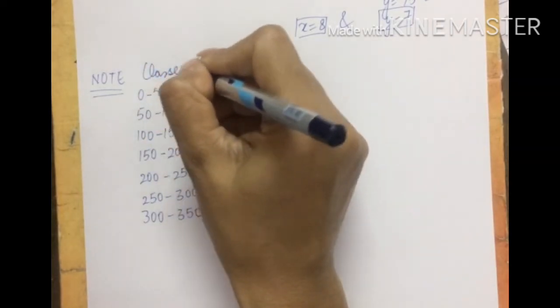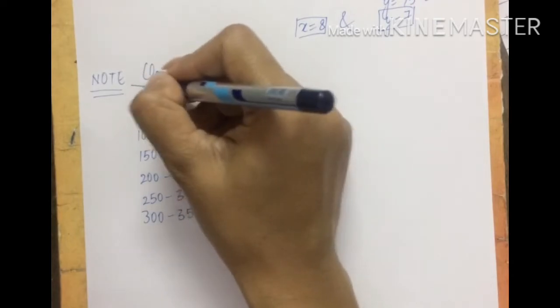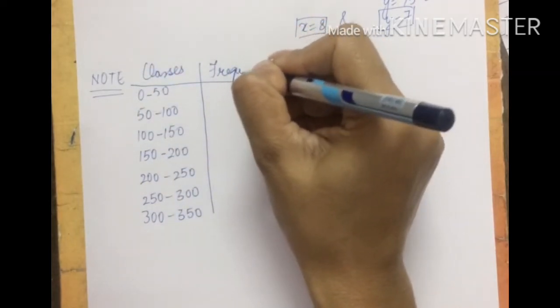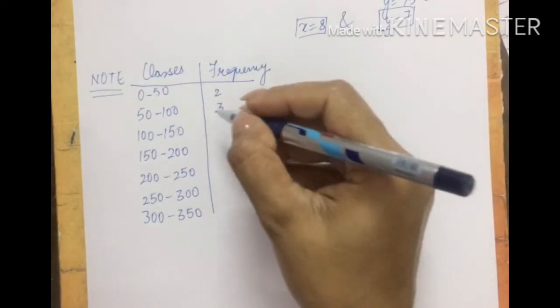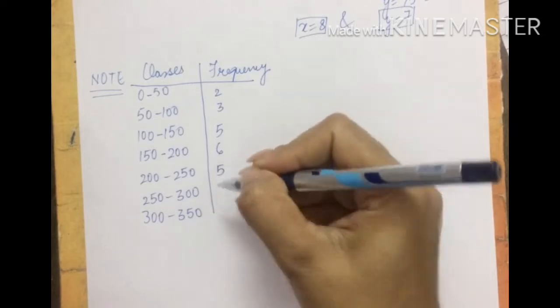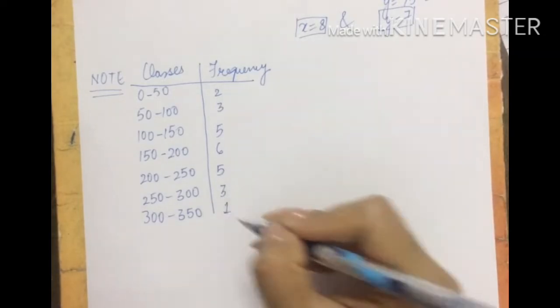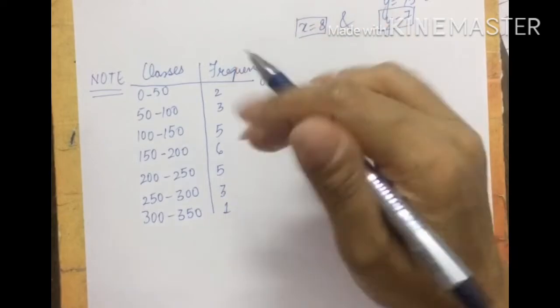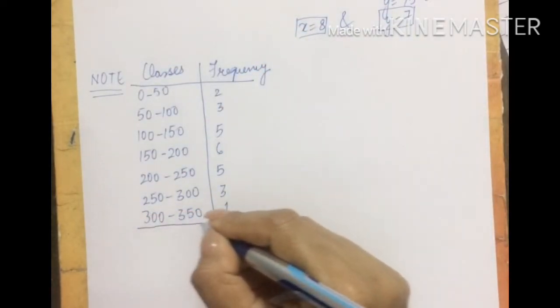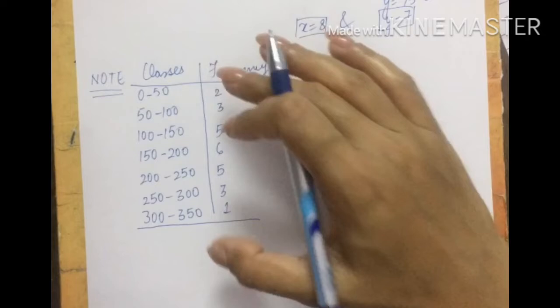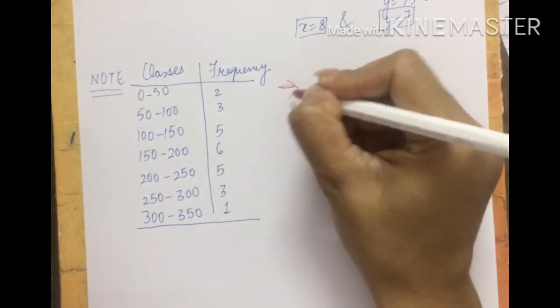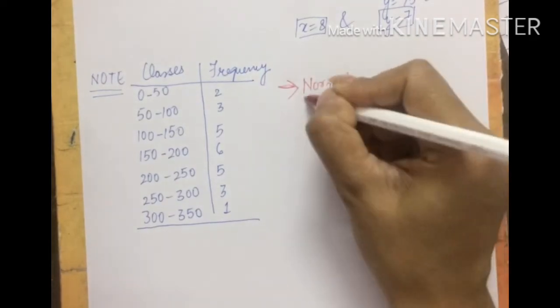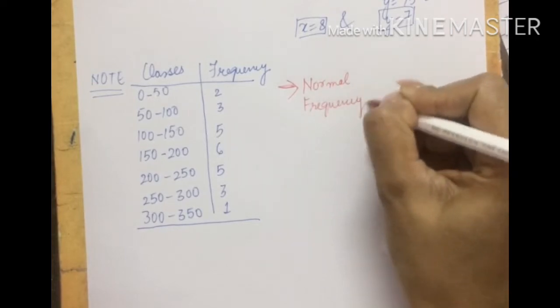These are the classes, and for these classes we've been given the respective frequencies 2, 3, 5, 6, 5, 3 and 1. So this is the frequency given for these classes. Now this type of a distribution is known as a normal frequency distribution. So for yourself you can write down that this is a normal frequency distribution.